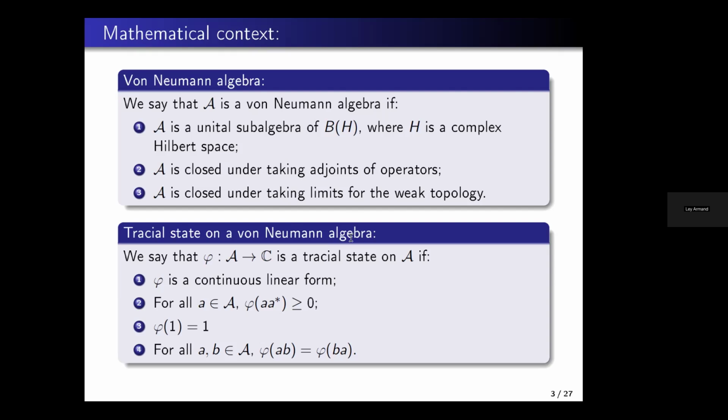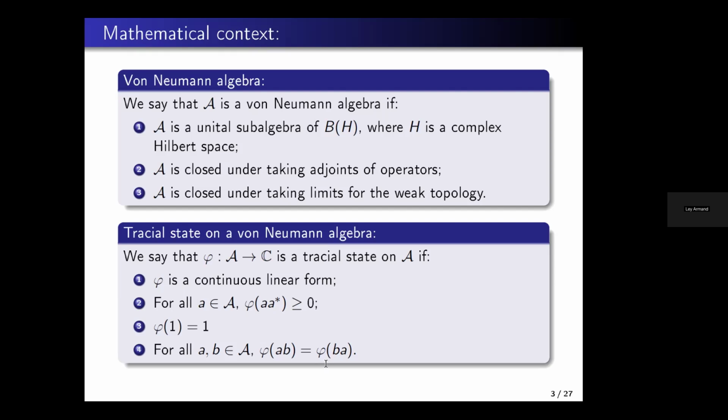You ask that phi is positive on positive elements, that is, on elements that can be written A times the adjoint of A. You ask also that your tracial state is normalized, that is, phi of the unity is equal to 1. And you ask for the trace property, that is, for all elements A, B in your von Neumann algebra, phi of AB is equal to phi of BA.